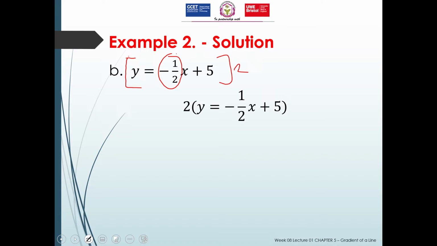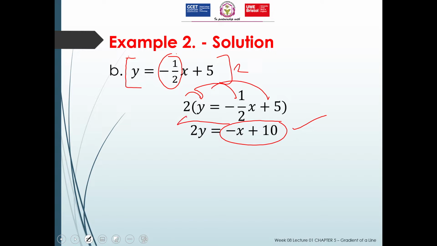So we multiply 2 to y equals negative 1/2 x plus 5. This gives us 2y equals, of course, 2 times negative 1/2 is negative x, 2 times 5 is 10. Next, let us put this to the other side so that negative x becomes positive x plus 2y, positive 10 becomes negative 10.